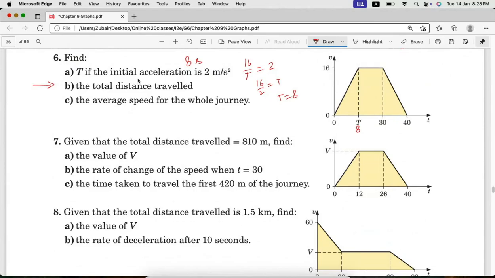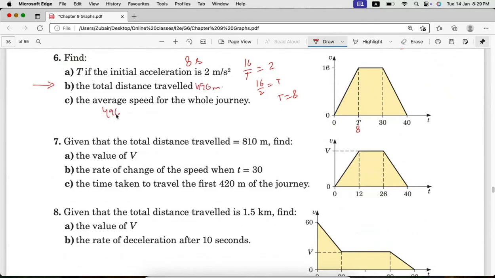496. 496, yes. Haris, are you getting this? Yes, sir. I'm getting 496. Okay. So the average speed is total distance over total time. Distance is already 496 meters.